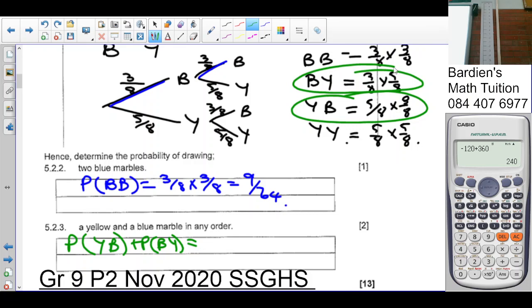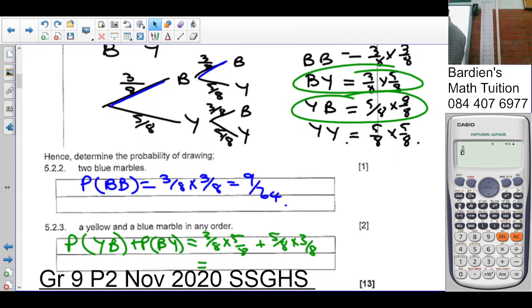That would be 3 over 8 times 5 over 8 plus 5 over 8 times 3 over 8. That gives us 3 over 8 times 5 over 8 times 2. It's going to be 15 over 32.